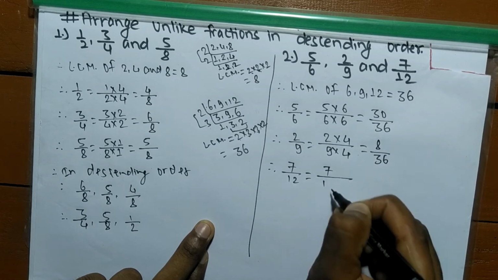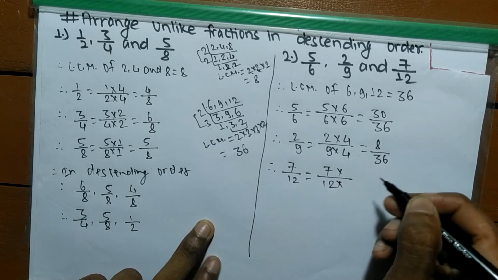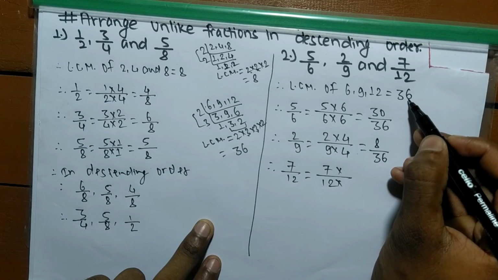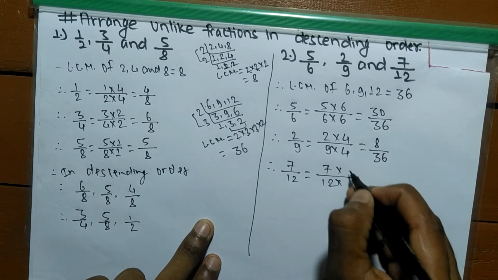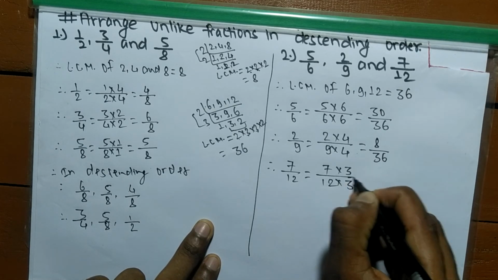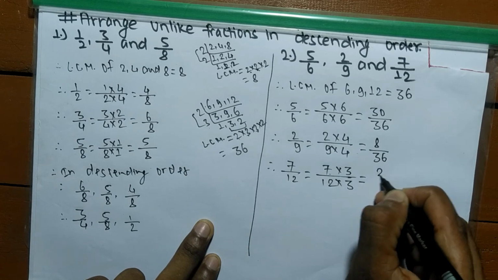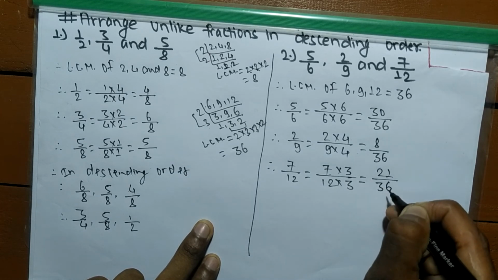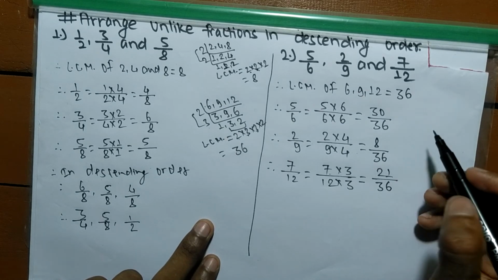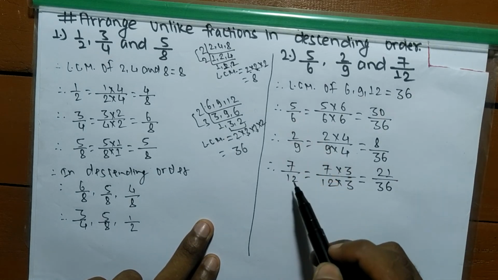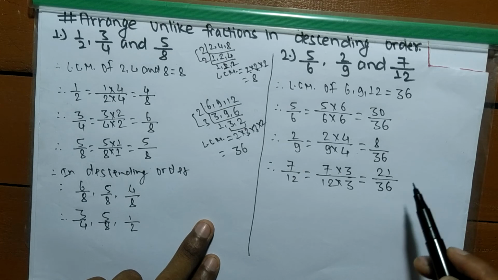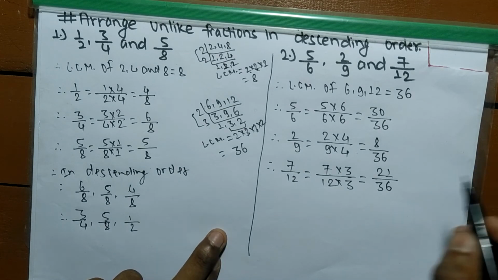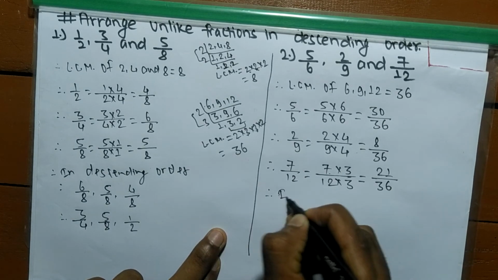Now 36 divided by 12 is 3. So 7 times 3 is 21 and 12 times 3 is 36. As you can see here, we have converted all these unlike fractions into like fractions. Now we are going to arrange them in descending order.